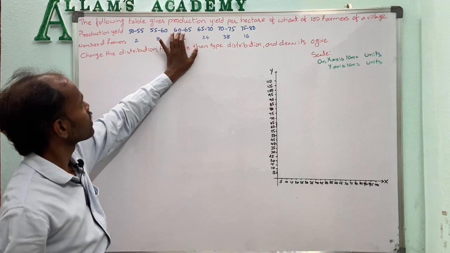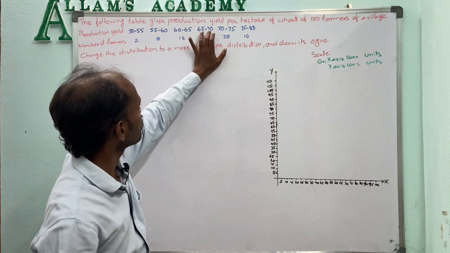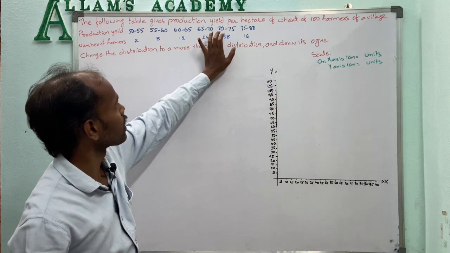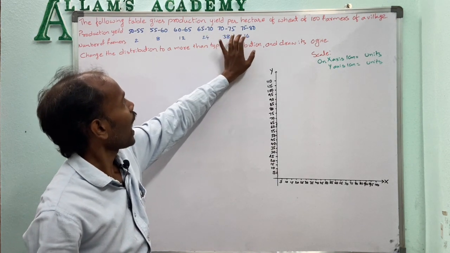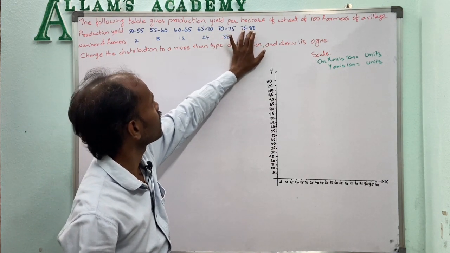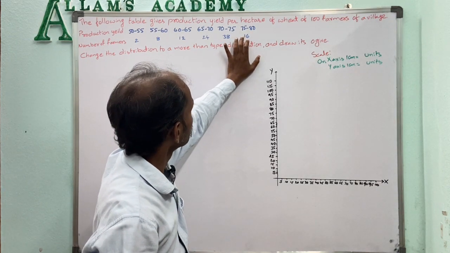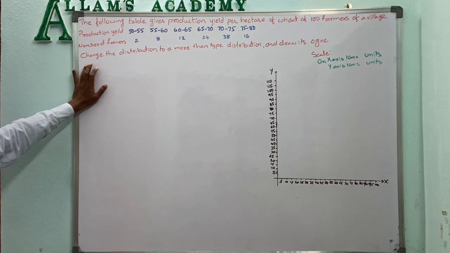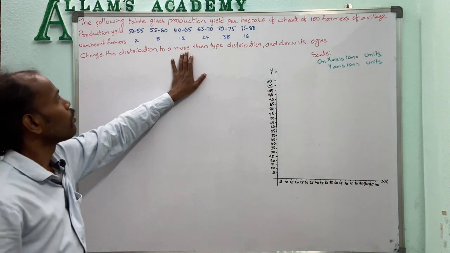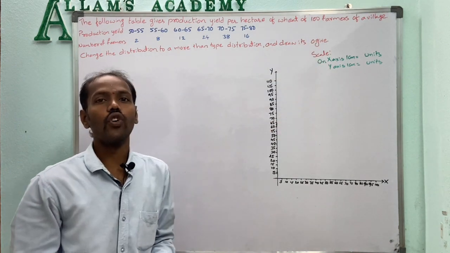For 60 to 65, 12. 65 to 70, 24. 70 to 75, 38. And 75 to 80 acres, 16 farmers. Now for this data, change the distribution to a More than type distribution and draw its Ogive.